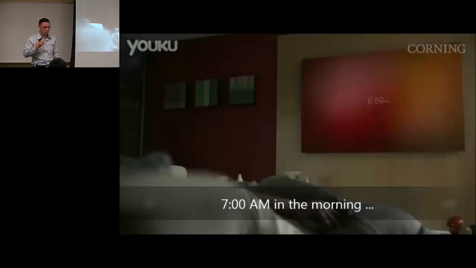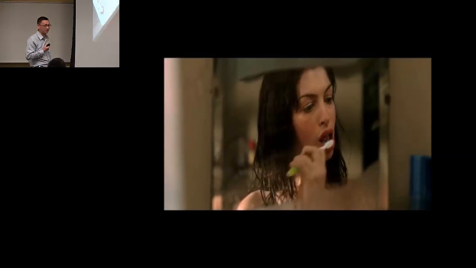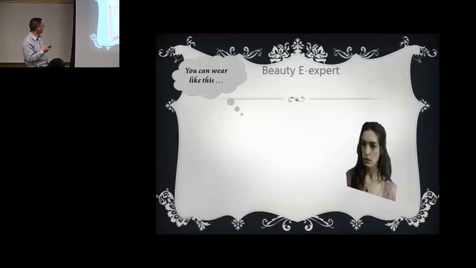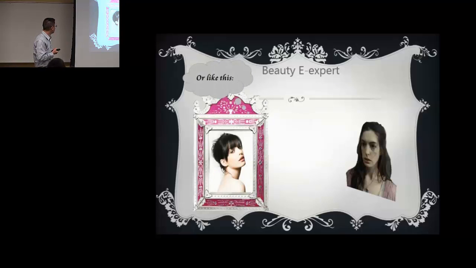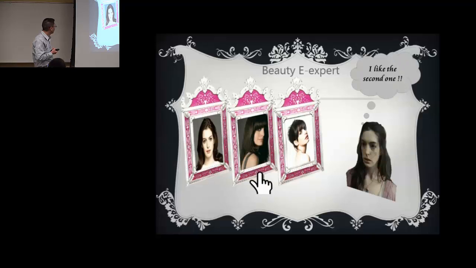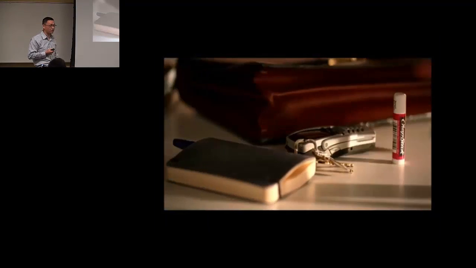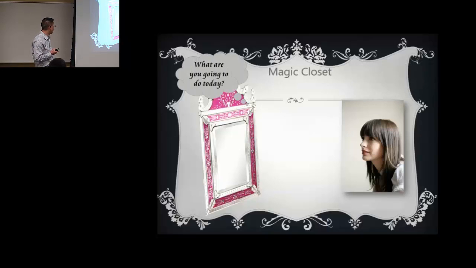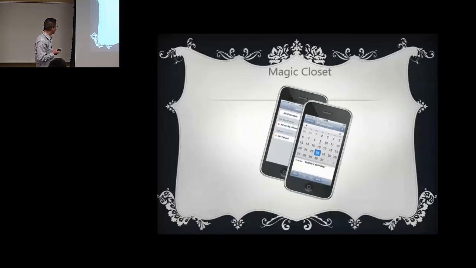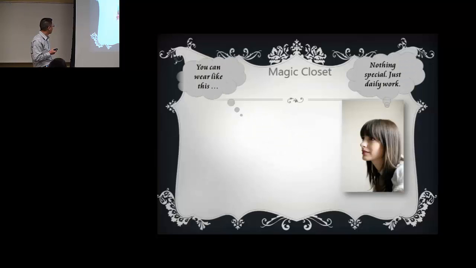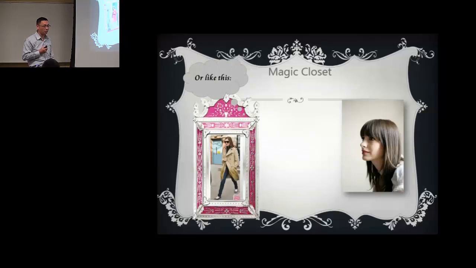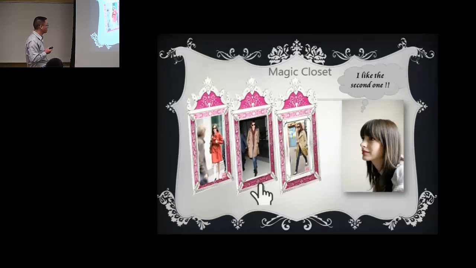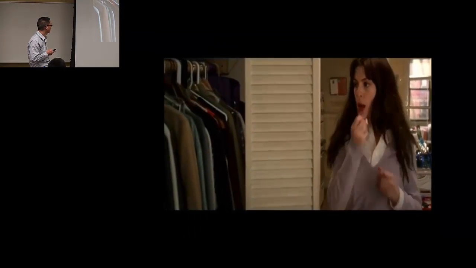In the future, when you get up, of course this is for girls, and you don't know how to dress your hair or how to do your makeup, then this so-called magic mirror can tell you what hairstyle you should wear and what makeup you should use. And the second one is the magic closet, which, based on your calendar today, can tell you what to wear.